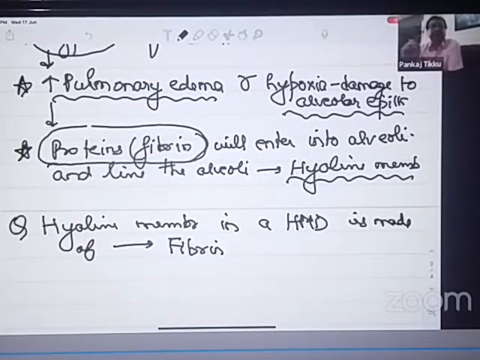This hyaline membrane is made up of a protein known as fibrin, which lines the alveoli. And this hyaline membrane can be seen when you do a histopathology and see this under the microscope. So the alveoli will be seen to be lined by a hyaline membrane. And this hyaline membrane is made up of which protein? Fibrin.